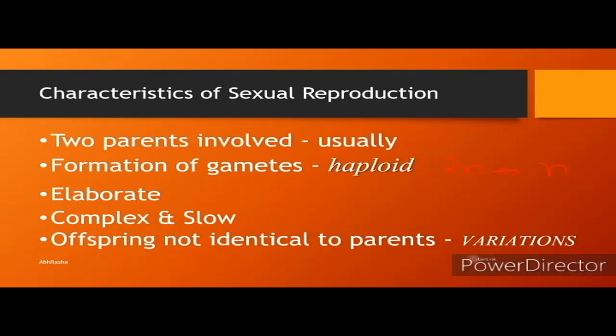So these are the variations that are unique to sexual reproduction. These variations are important because the progeny or the offspring is not identical to either of the parents. It has some characters which are completely different, completely new also, and these new combinations or new features are responsible for the process of evolution. This we'll be doing later on when we study genetics, that is your second unit.